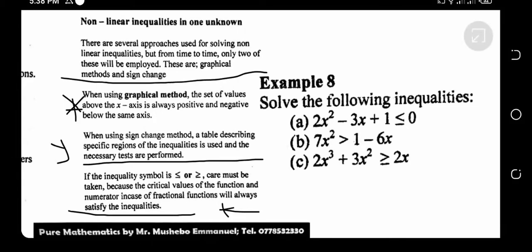We are going to see how to solve these ones using sign change, not graphical. Okay? And we are going to be able to get the range of possible values of x in all of these three questions. So here we are going to go through these ones and we get the answers.